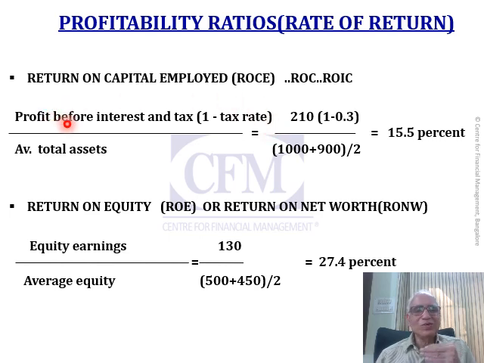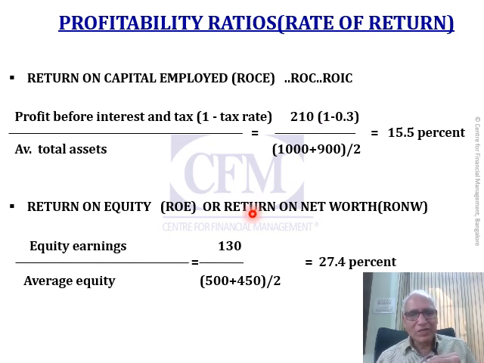This is also referred to as net operating profit after tax, or NOPAT. So NOPAT divided by average total assets is 15.5%. This can be compared directly with the weighted average cost of capital, a figure that we'll discuss in a subsequent session. And this comparison is very, very important when we are looking at value creation.